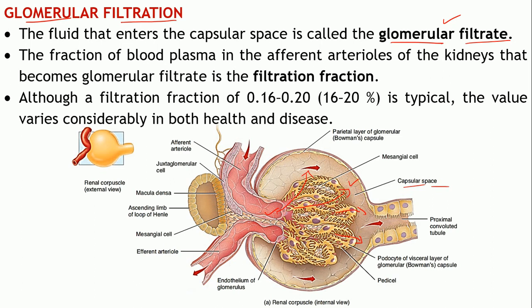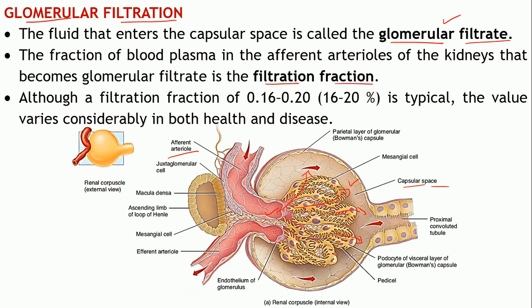Whatever amount of the water and the dissolved solutes or the plasma enters into this capsular space, out of the amount of blood presented to this renal corpuscle through these afferent arterioles, that particular amount is known as filtration fraction.